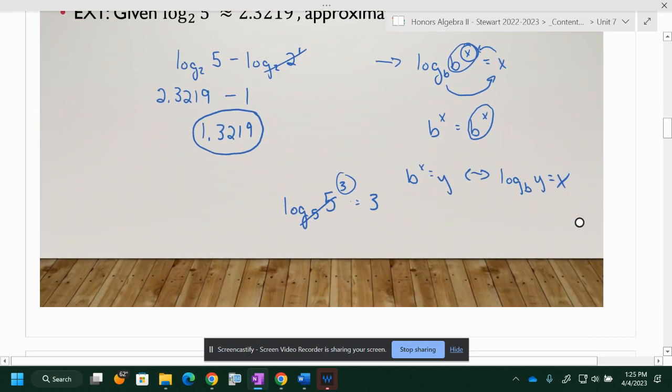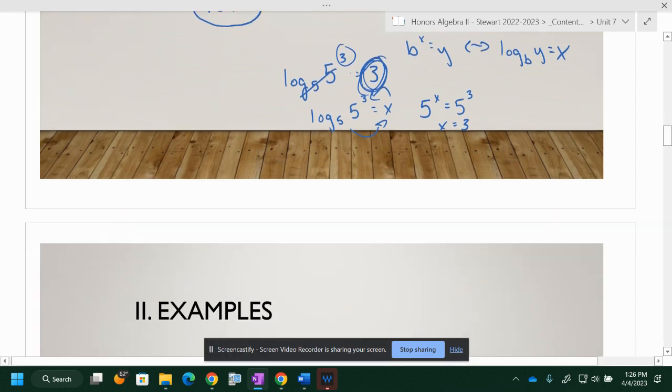Say I have it equal to x. If I do my change, I now have 5 to the x is equal to 5 to the third, and then x is equal to 3, which we just established. It all reverts into that one big circle.